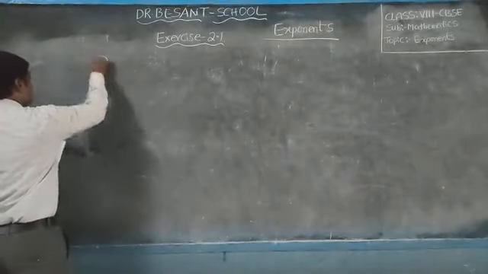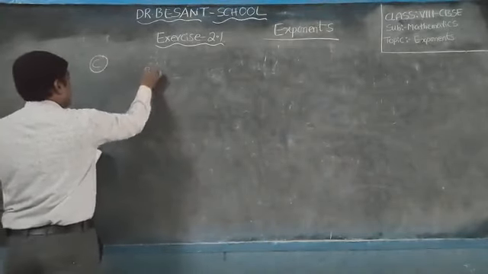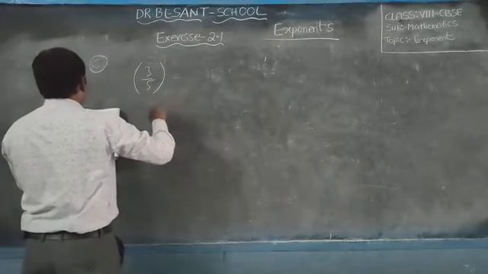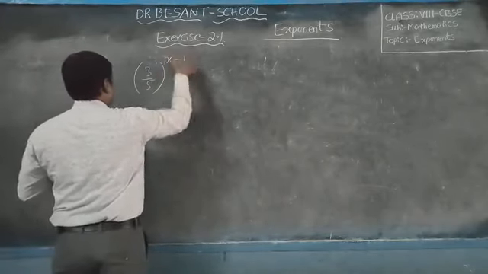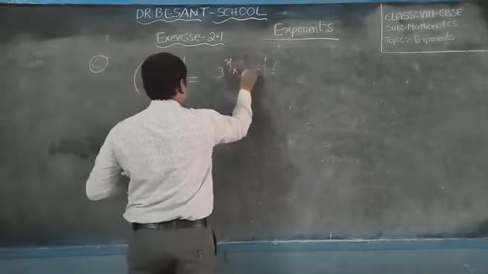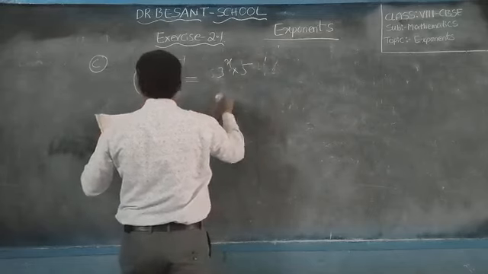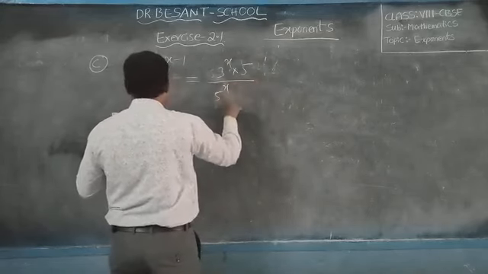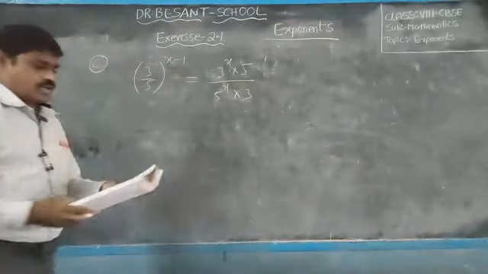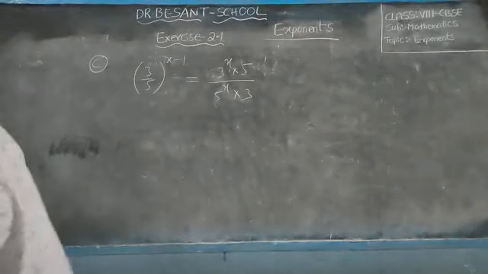See, 3 by 5 whole power x minus 1 is equal to 3 power x into 5 by 5 power x into 3. Okay, this question.